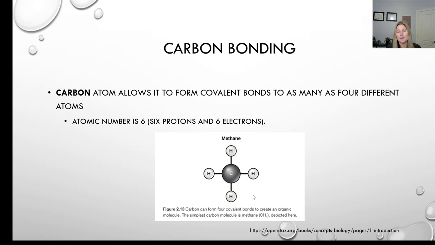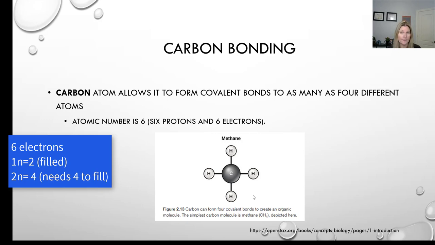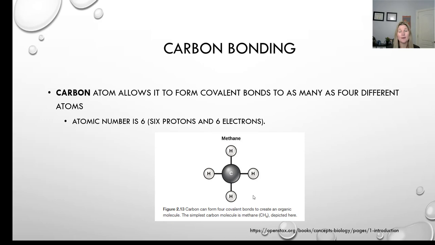If we're studying carbon, we look at its electron shells. We know that the first shell is filled with 2 electrons, and then the second shell has just 4 out of 8 electrons. So it only has 4 in its valence shell, but it wants to have 4 more. Because it needs so many more electrons to fill its shell, it's going to be forming covalent bonds with up to 4 other atoms.